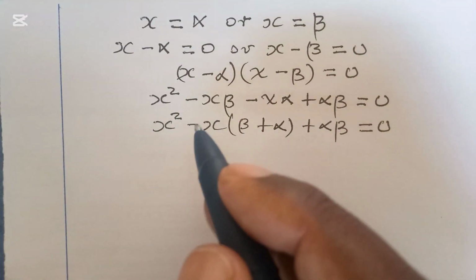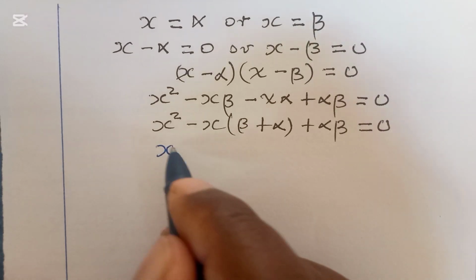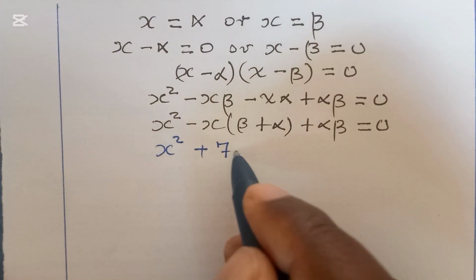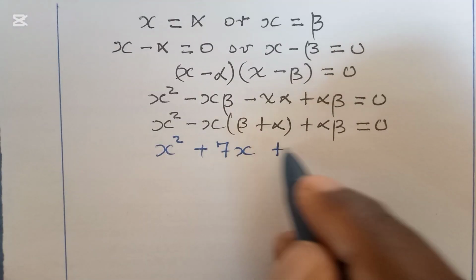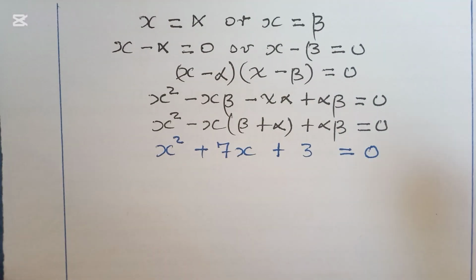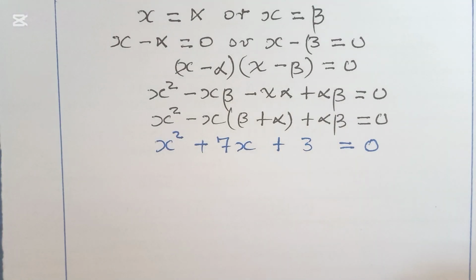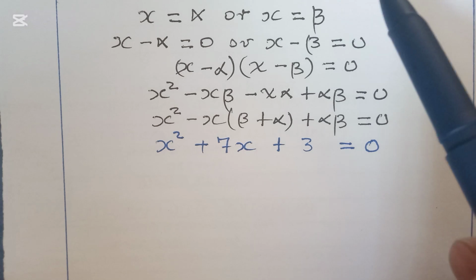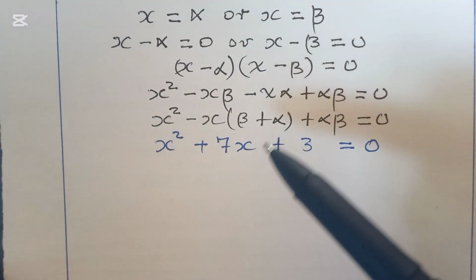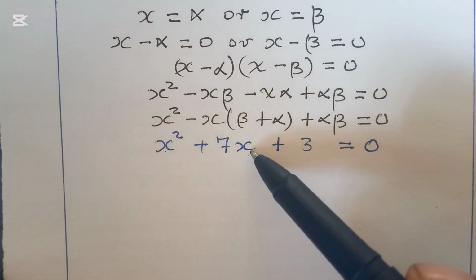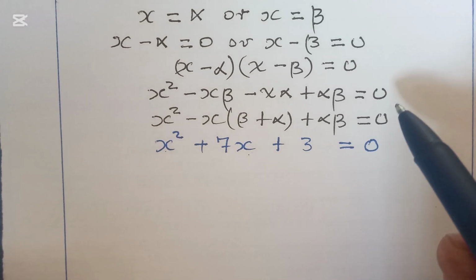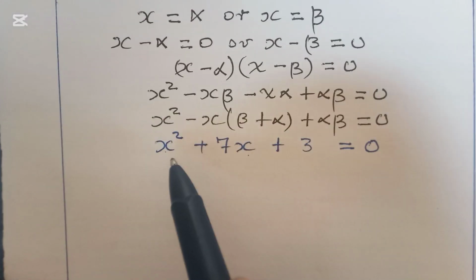And so therefore guys, when we arrive here, we now compare with our equation. The equation that we are given is x squared plus 7x plus 3 equals 0. We have formed the equation from the roots of this equation, and so they should be the same. So guys, we go and compare.